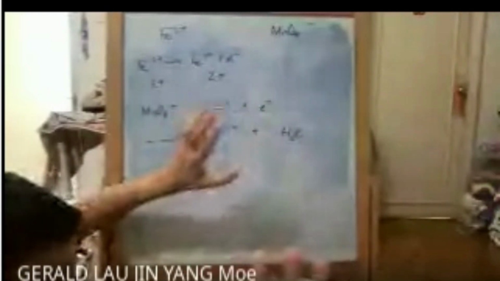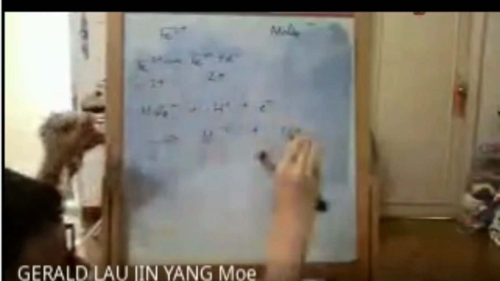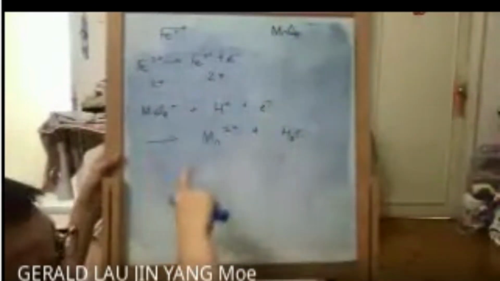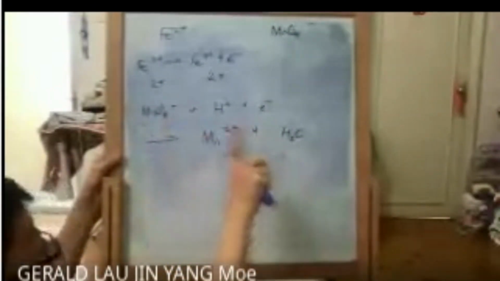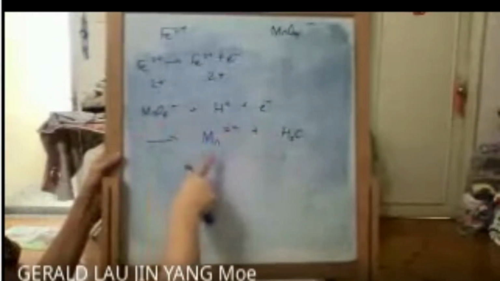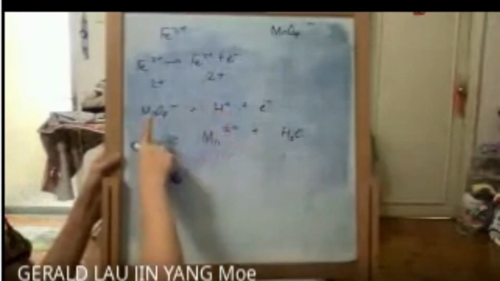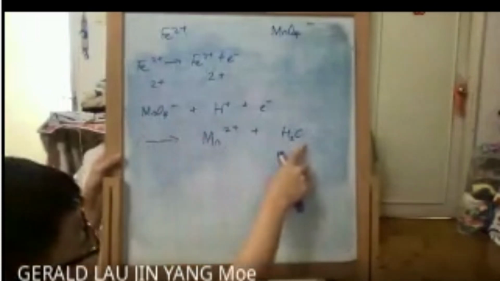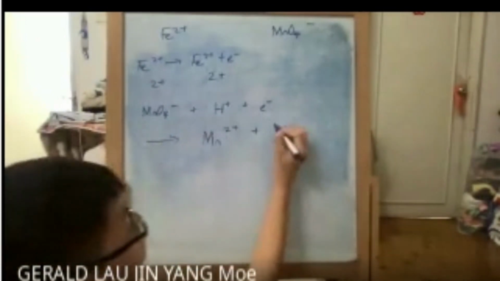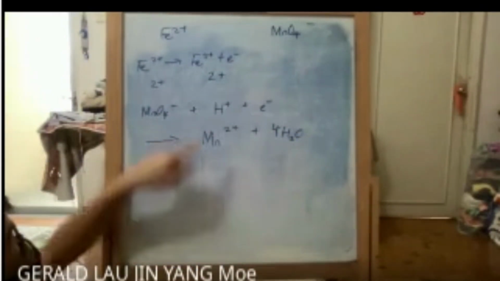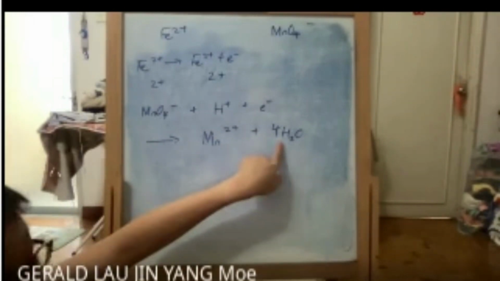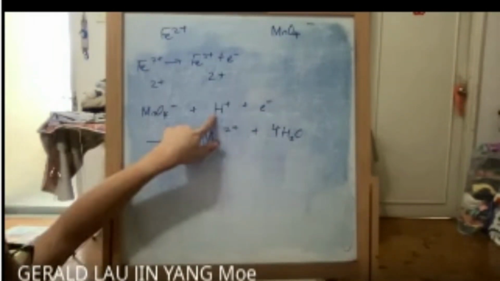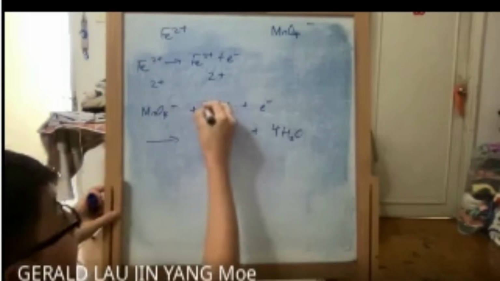If all this is listed in your head already, good. Then balance. How to balance? Start with the elements first. Mn is 1 and 1, balanced. Oxygen is 4 on the left and 1 on the right, so put 4 in front of water. Then hydrogen: 8 hydrogen here, and 8 on the other side.